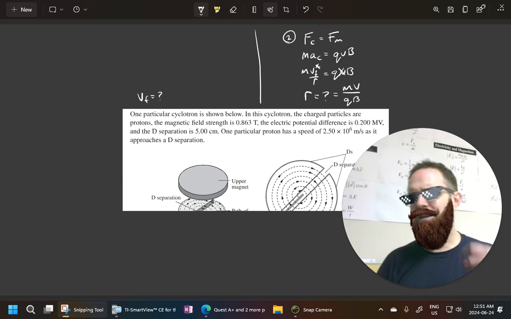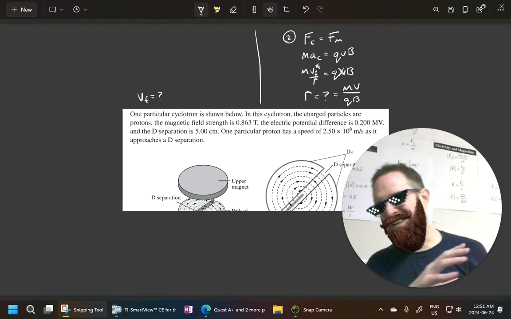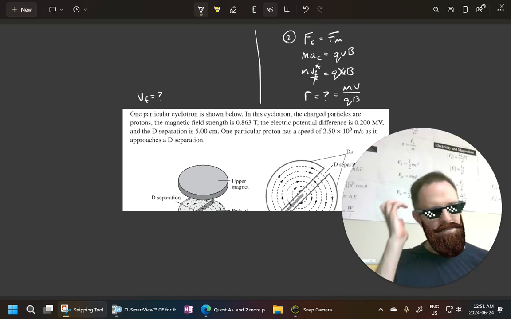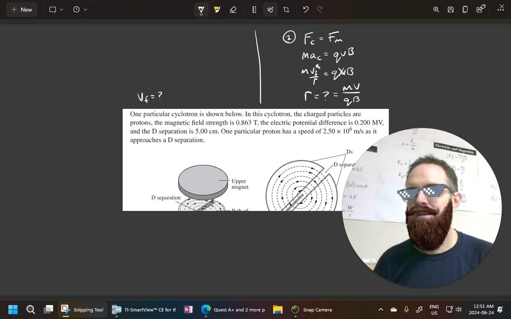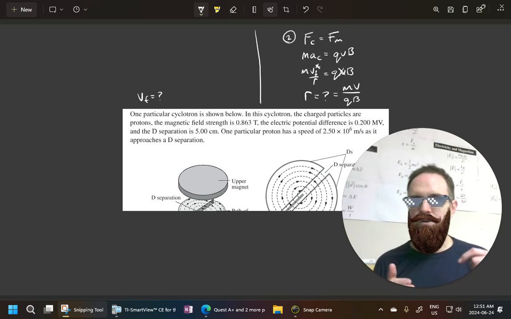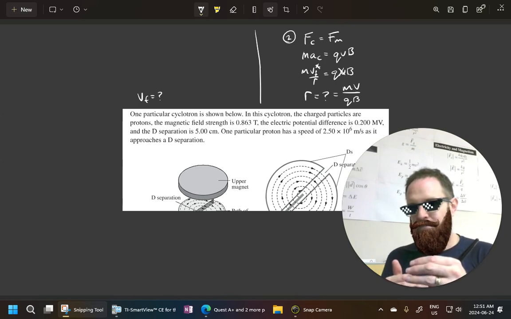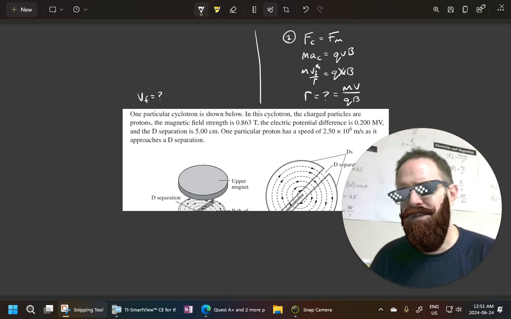So, thinking final speed, maybe I can use some kinematics. Got initial speed, maybe I can find the acceleration. I got the distance it has to travel. I can use that to find the final speed. Or I can use energy, because there's going to be some kind of conservation of energy. I'm going to lose potential, I'm going to gain kinetic. I like the energy way of doing this question, because I got voltage here. Awesome.